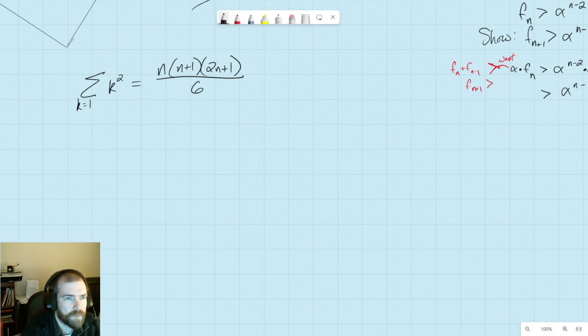N. So for n equals 1, we've got 1 times 2 times 3 over 6 is equal to 1.